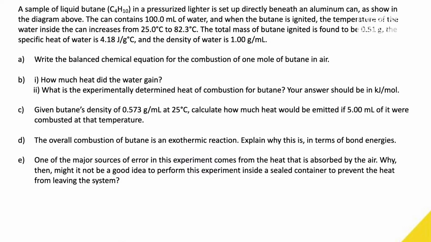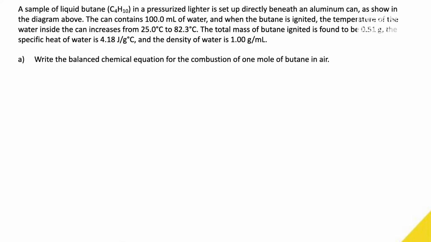Let's take a look at A. The first one says write a balanced equation. They start me off with butane, C4H10. And because this is a combustion reaction, I know it's going to combine with oxygen, and what I will get as my result is carbon dioxide plus water vapor.